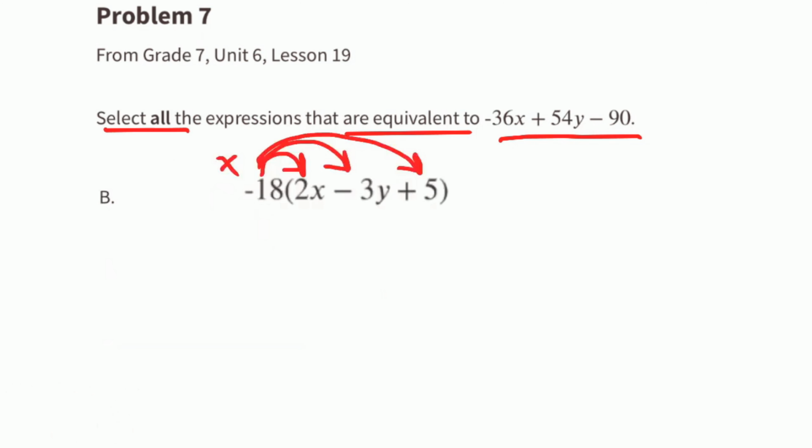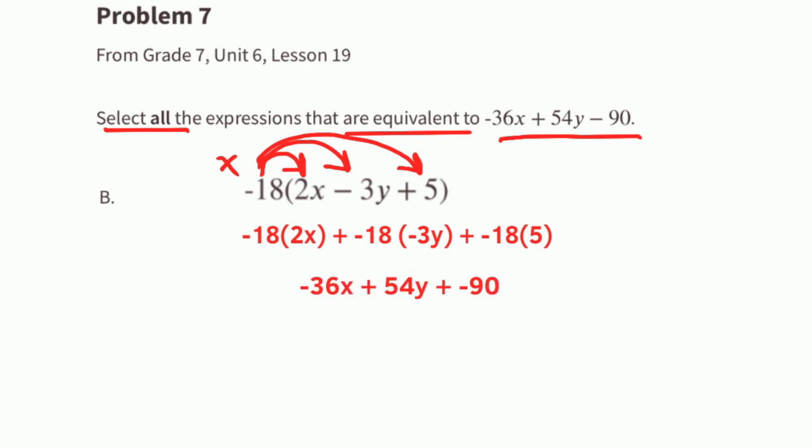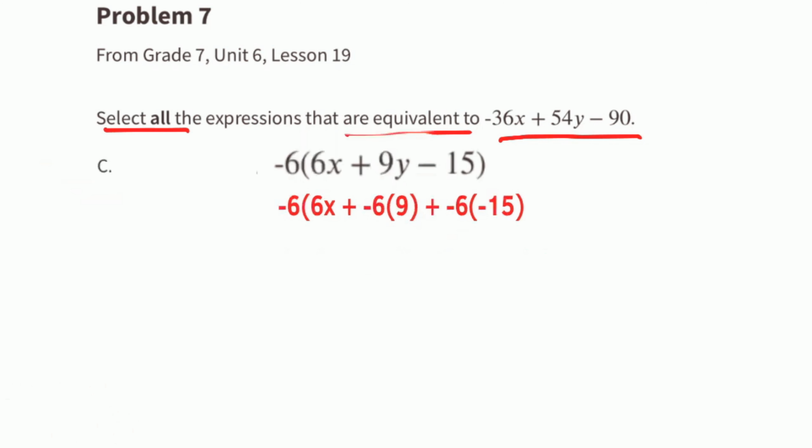B. After using the distributive property and multiplying negative 18 times all 3 terms, this expression is equal to negative 36x plus 54y minus 90, so do select B. C. After multiplying all 3 terms by negative 6, expression C is equivalent to negative 36x minus 54y plus 90.